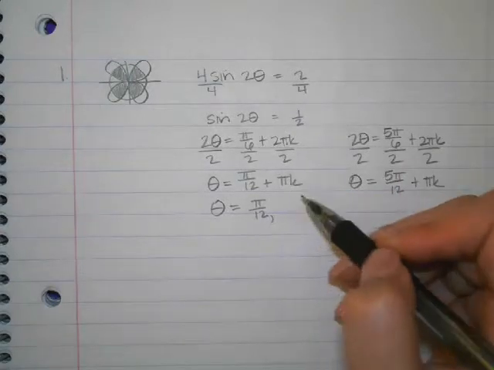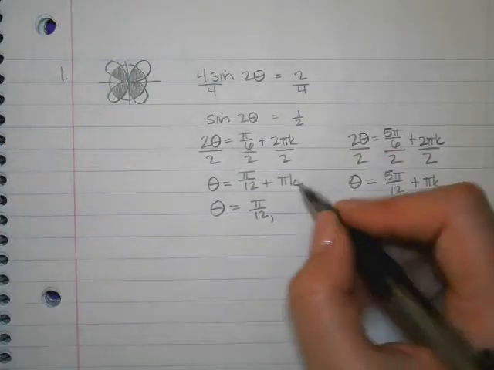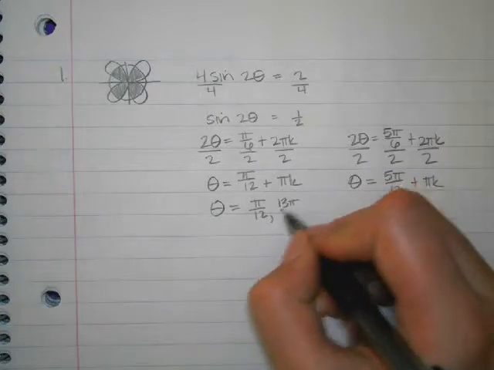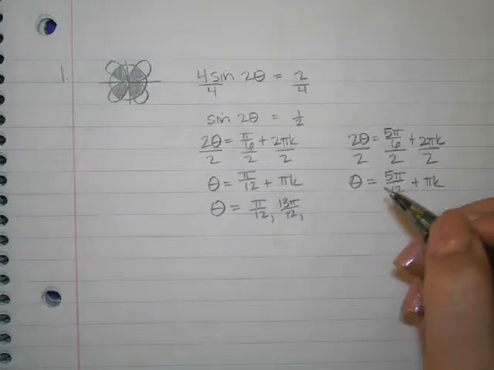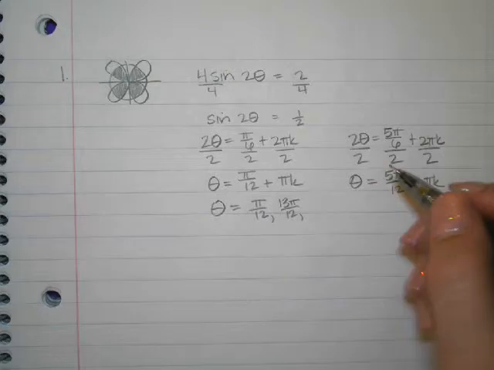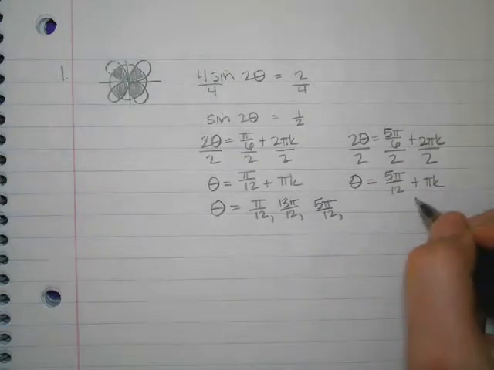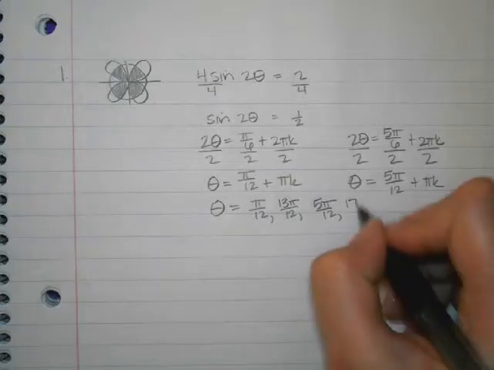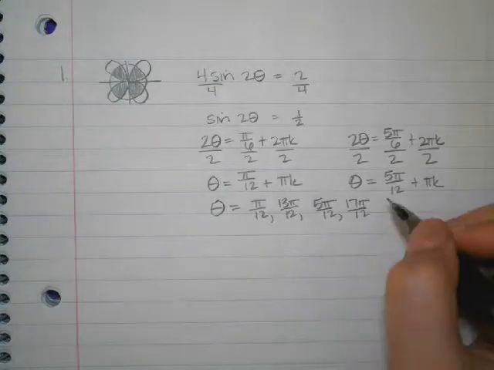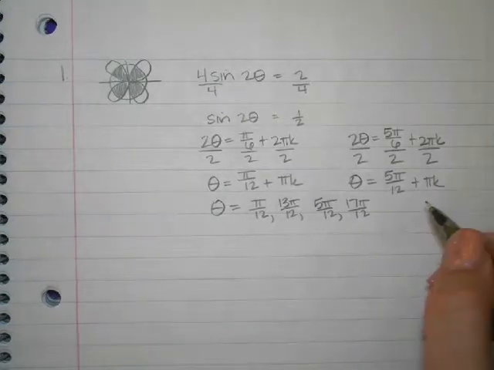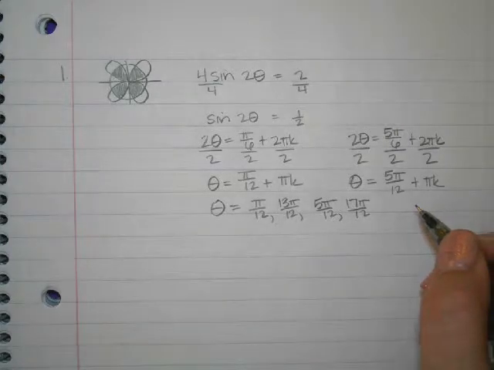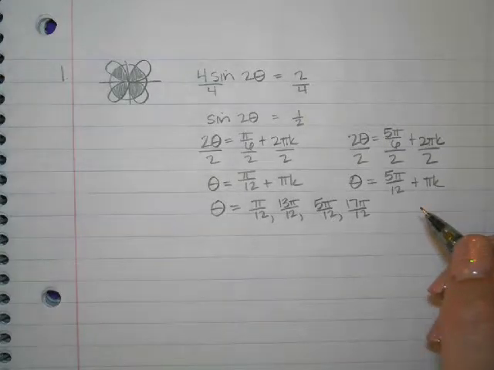What's 1/12 plus 1? 13 twelfths, plus another 1 is too big. And then we have 5 twelfths plus 1, 17 twelfths, add another 1, it's too big. So those are all of our lines right there.